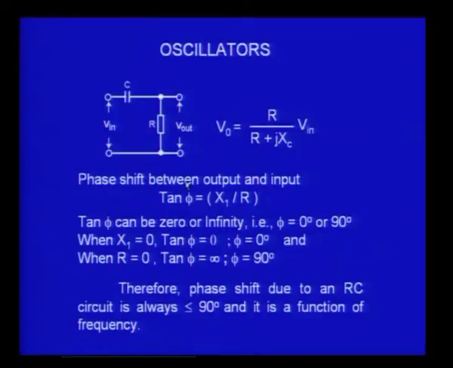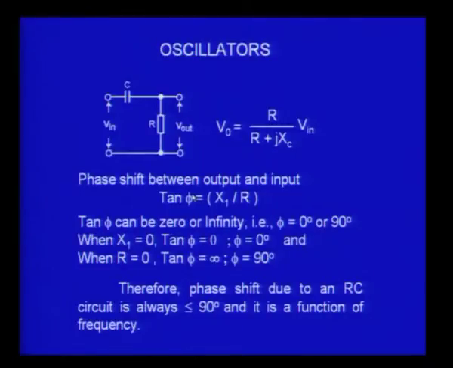And therefore, you see for a given frequency the X1 will be different. The capacitive reactance is a function of frequency. Therefore, depending upon the frequency, the reactance will change, and hence the phase difference will change.